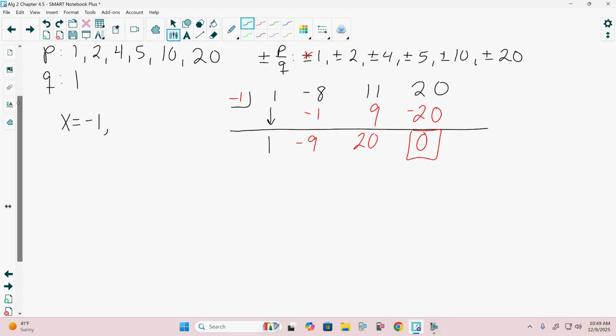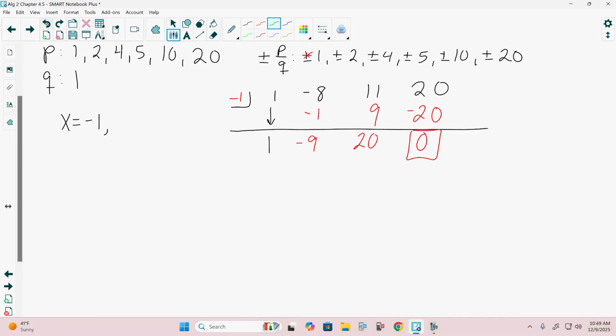That's a whole lot of synthetic divisions just to see if negative 1 works again, because we would bring the 1 down. Negative 1 times 1 is negative 1. Negative 9 plus negative 1 is negative 10. Negative 1 times negative 10 is 10, giving us 30. Okay? Pretty much all that showed us is that negative 1 only worked once.